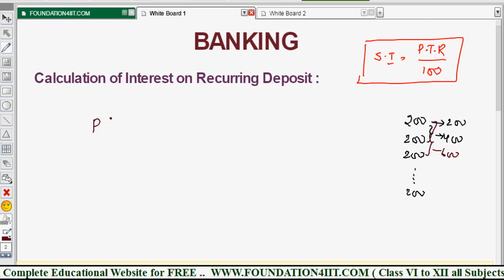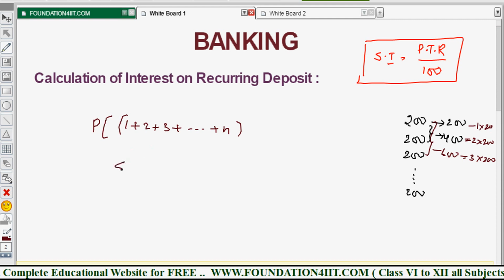If you pay for 12 months, we should add 1 plus 2 plus 3 and so on till 12, because the first month is 1 into P, the second month is 2 into the same amount, and the third is 3 into 200. Since 200 is fixed, we add 1 plus 2 plus so on. If there are n months, in the place of 12 we take n, where n is the number of months.